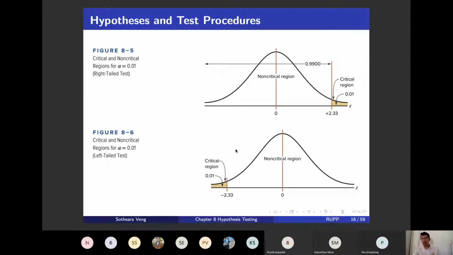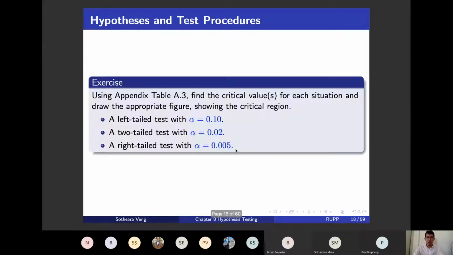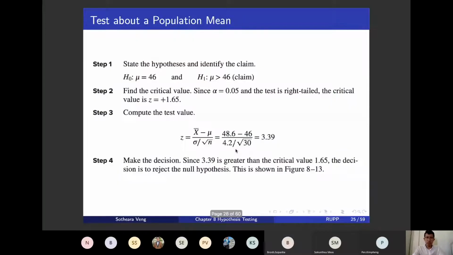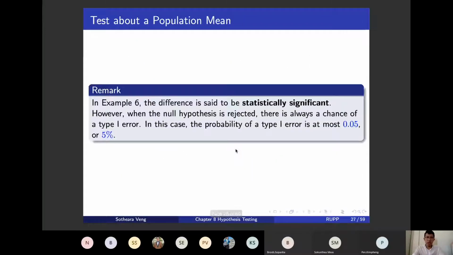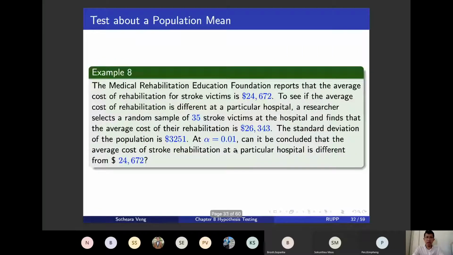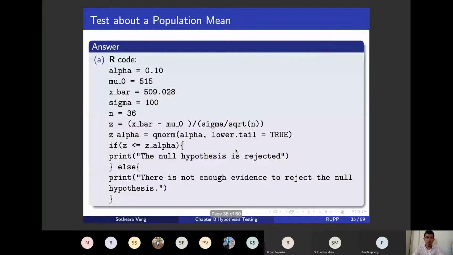Eventually you come up with two possibilities in your conclusion, whether the null hypothesis should be rejected or not. Okay, and in this lecture, we move to another thing.